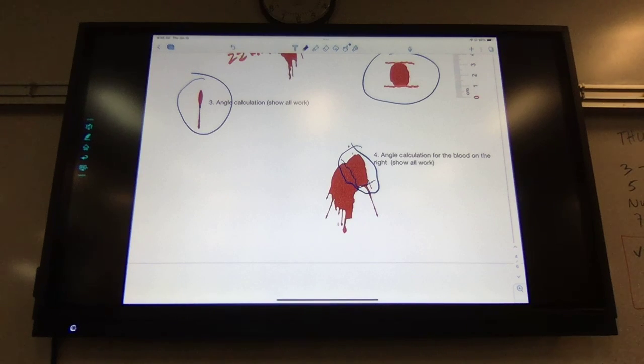So there's a little bit of an interpretation there. Use the ruler, get the width of each one, get the length of each one. Then you have your answer, and you're going to do sine -1 on each one. Let me come around and see how you're doing.